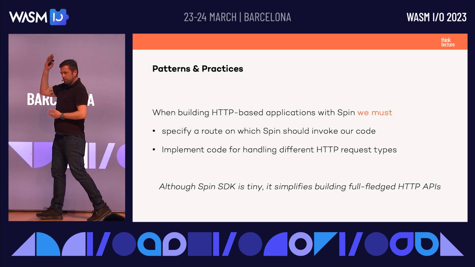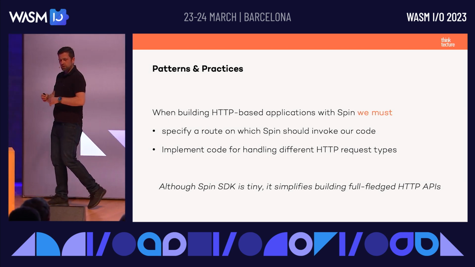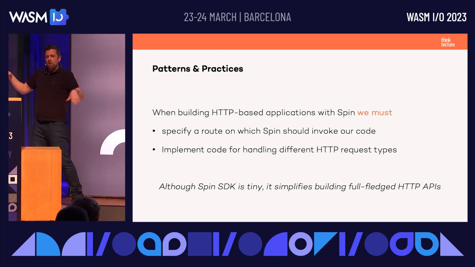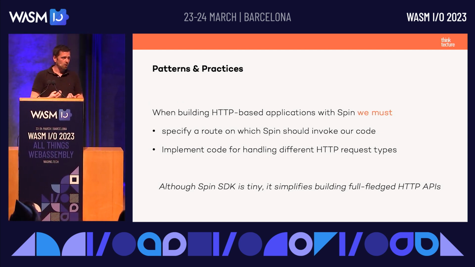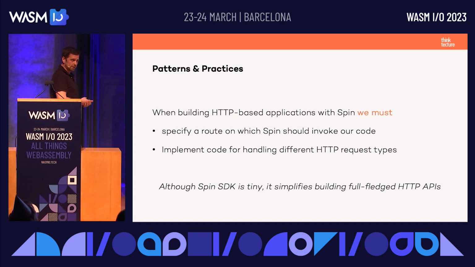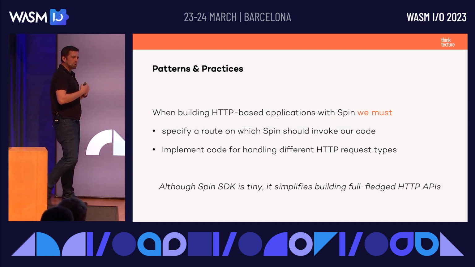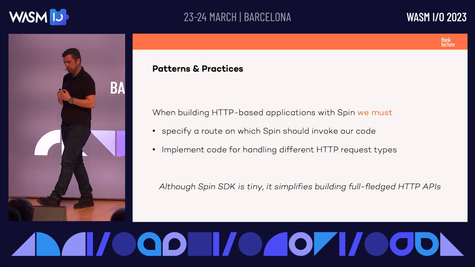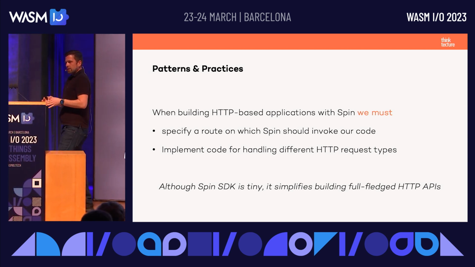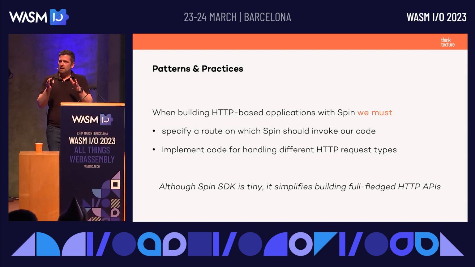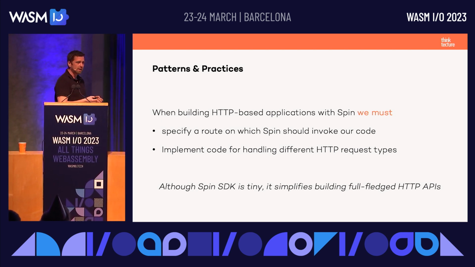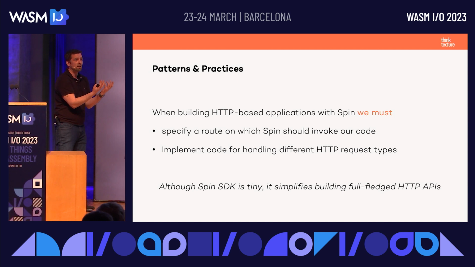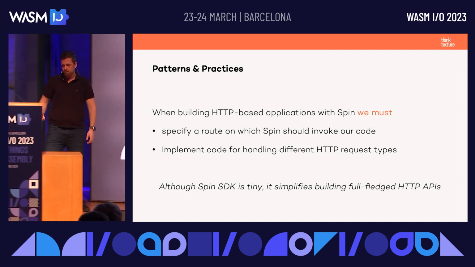So I have that front-end application that's running on a different origin. So I have to take care of CORS, cross-origin resource sharing, right? So those are things that are in my responsibility as an application developer. However, although the SDK is tiny and focused, it makes building that logic super easy.